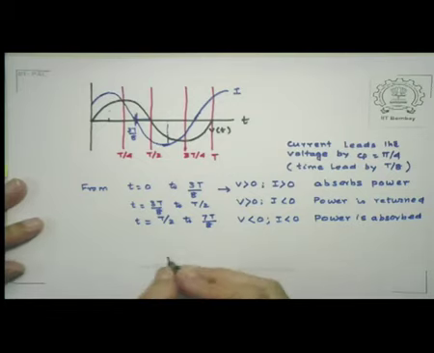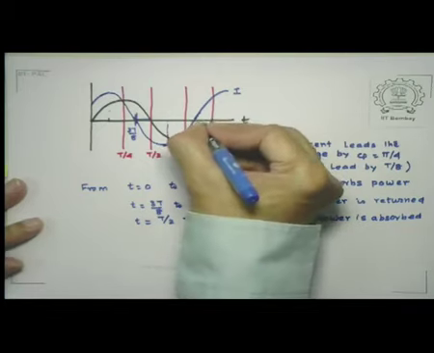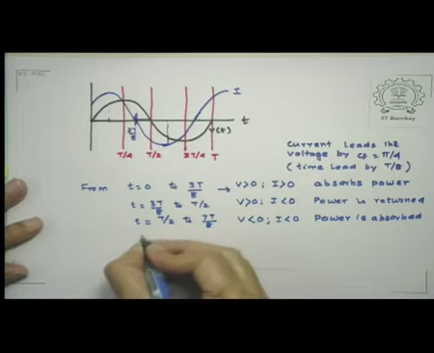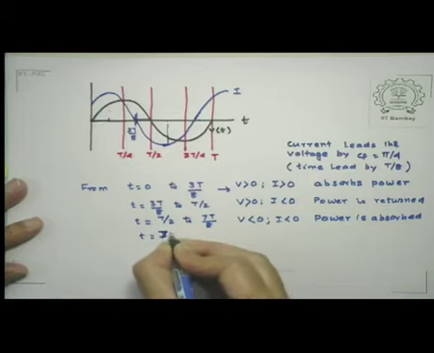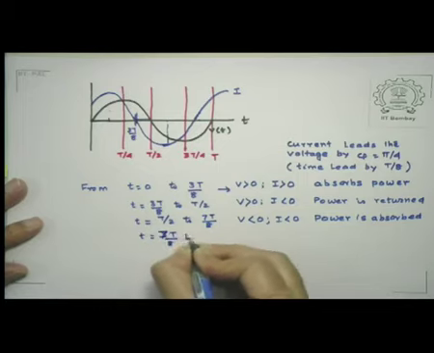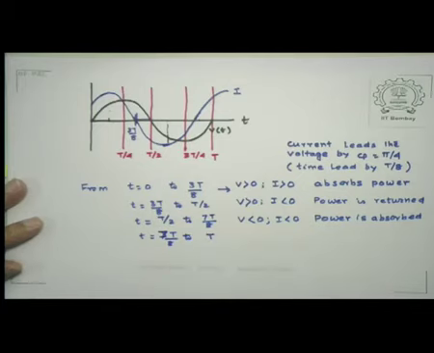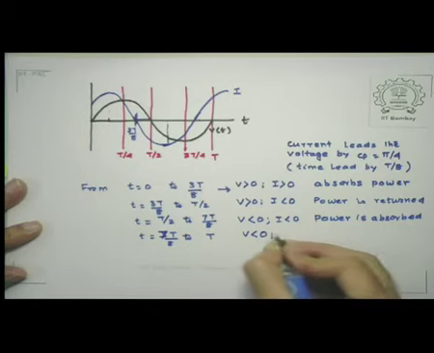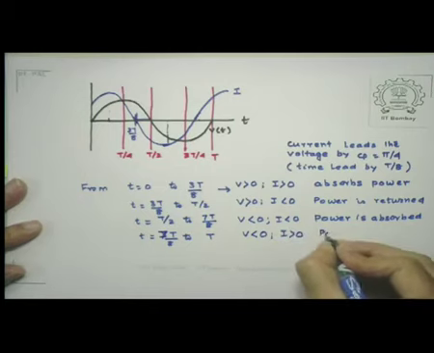And from 7T by 8, this is slightly, because of freehand drawing, slightly to the left of where it should have been. And from 7T by 8 to T, my voltage still is negative, but the current has now become positive. So once again, the power is returned.